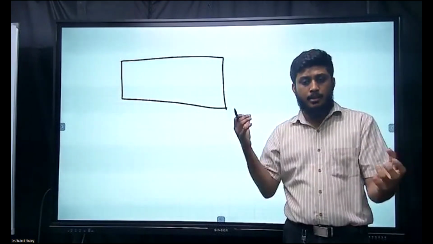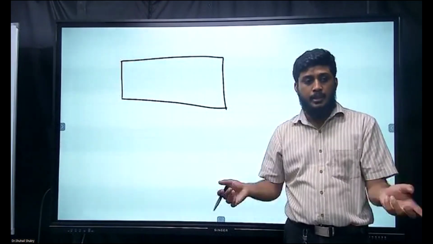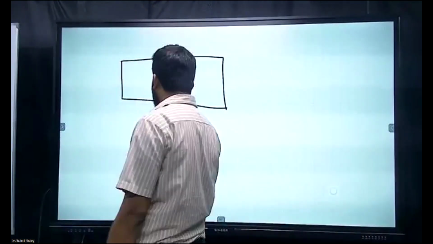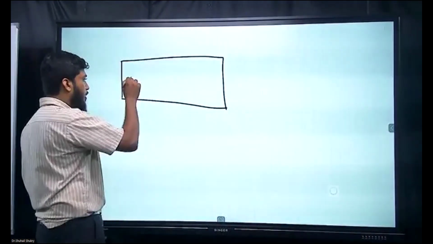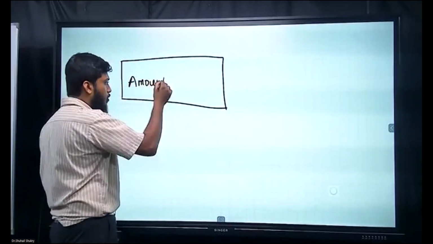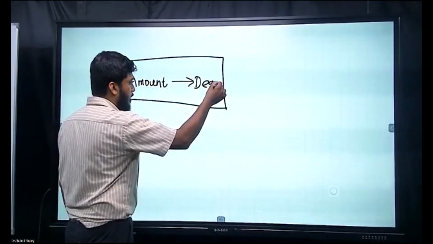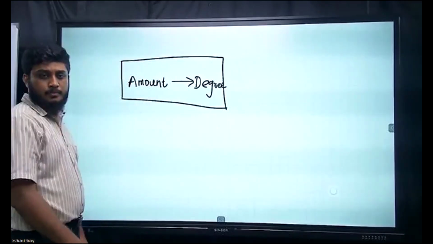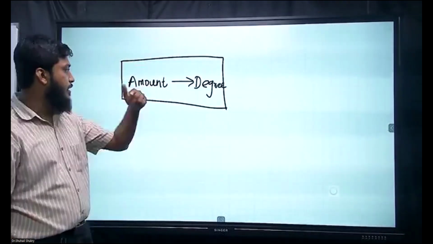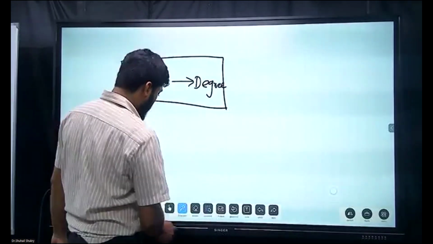They will tell some amount. The amount and degree, first of all, you have to write in this golden box. In the golden box, you will write the amount and the degree. Degree means the angle. Amount and the angle. So this box is known as the golden box.